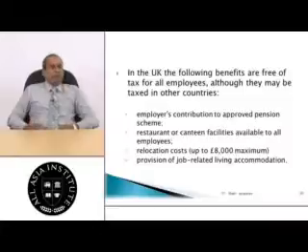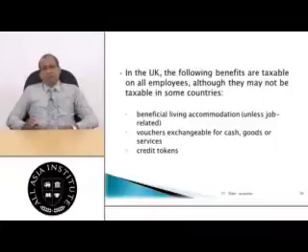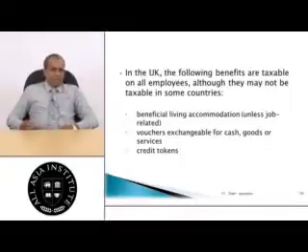This is just for us to understand. I have included this. Then again, specifics to the UK, right? If you get beneficial living accommodation, vouchers, credit tokens, right? All these will be taxable. These are benefits in kind you receive.